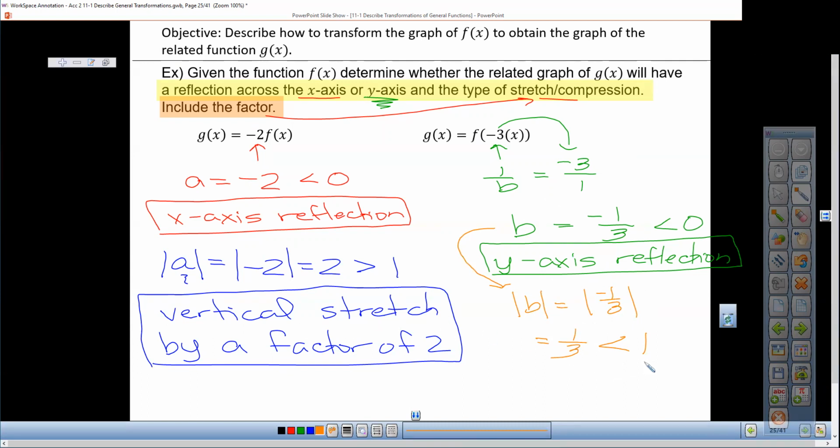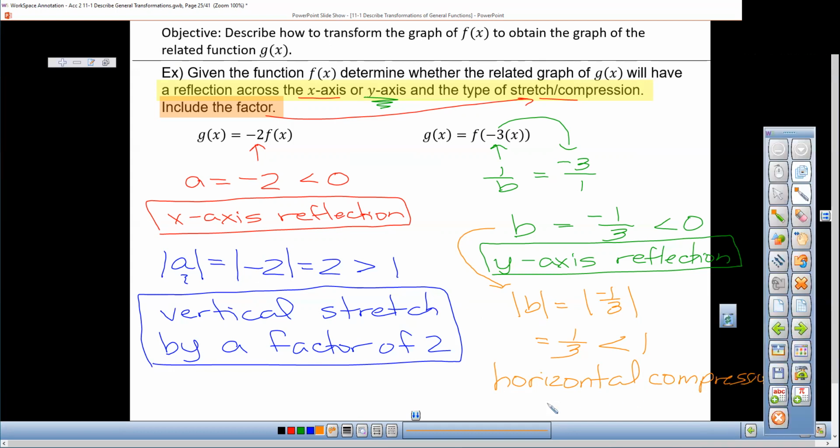That means we have a compression. Anytime our factor is less than 1, we have a compression. The type of compression we have depends on the parameter. And so since we're working with B, we have a horizontal compression, and by a factor of 1/3.